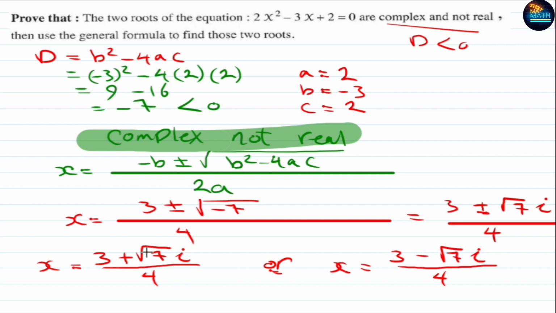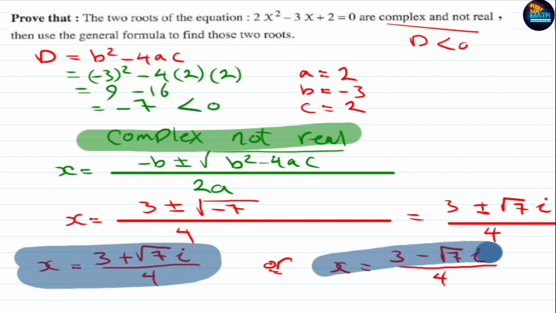Of course, they are complex because they have i. In each one, they have i. i is the imaginary part here. So you have an imaginary part in the first root, and you have an imaginary part in the second root. So these are the roots, and this is the other root.